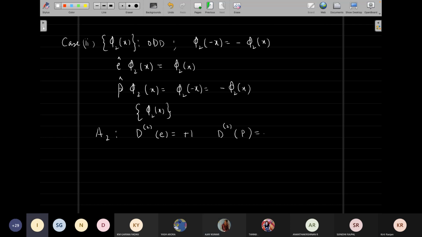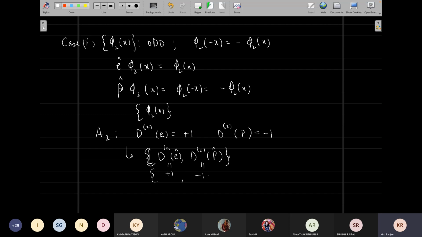Minus 1. You will see that in this representation, my group is represented by D2(E) and D2(P). You can even write down the operators, where the first one is plus 1, the second is minus 1.